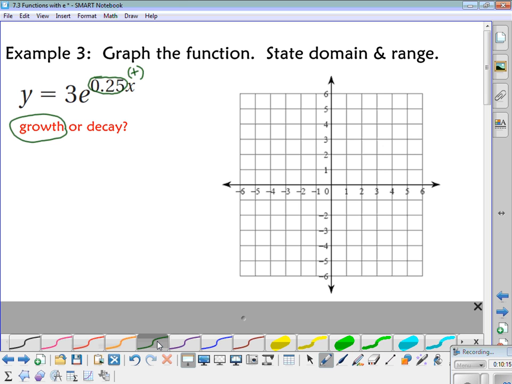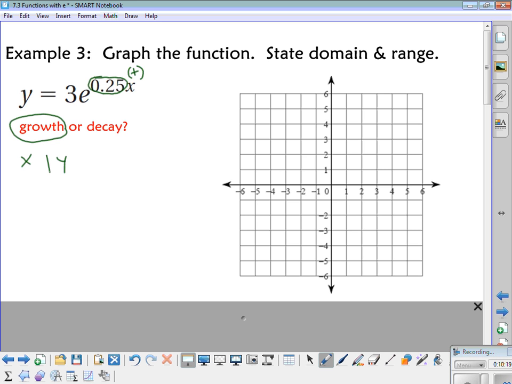Then you just make yourself a table. I'm going to use -1, 0, 1, and 2, just to give myself enough points to see what it's doing. For each of these, I plug in -1 for the x. So for the first one, I have 3e to the negative 0.25 power.